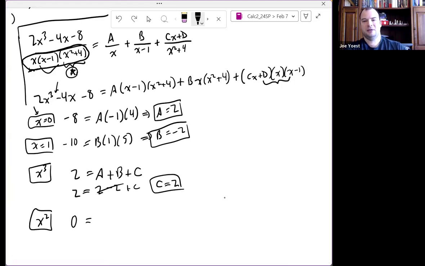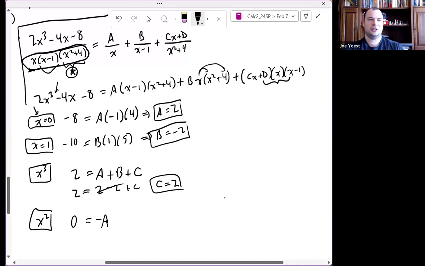But A times -1 times x squared, that gives me -A as the coefficient of x squared from that first term on the right. What about my B term? Well, my x either multiplies an x squared, giving me a cube, or a constant, giving me a linear. No contribution to the quadratic coefficient from the B term.